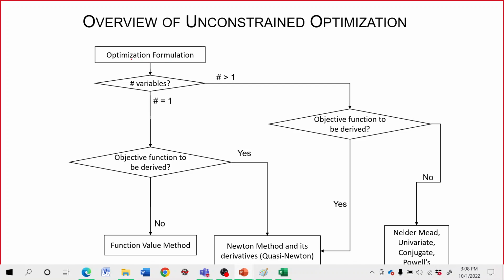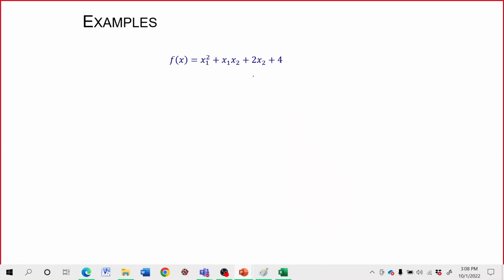So we formulate the problem and then we see whether there is more than one variable to solve, or maybe if it's one variable, so this is not really practical. So if it's more than one variable, I think this is not so correct. But in any case, if we have variables and if the function can be derived, for example, if you have this kind of function, you can derive this, yeah?